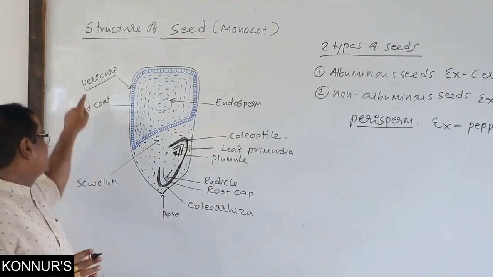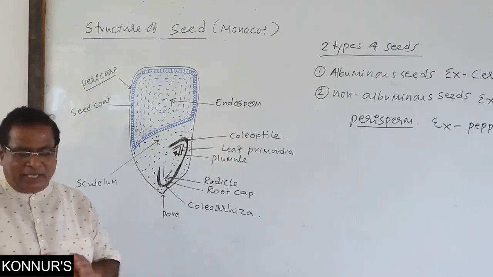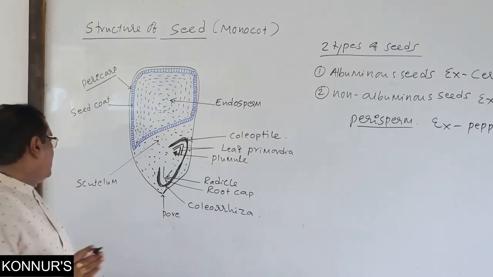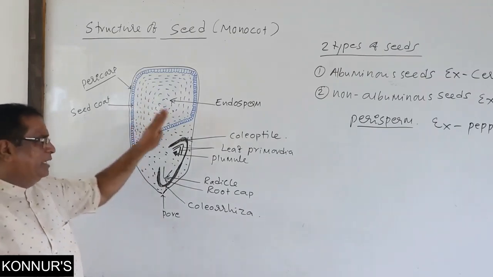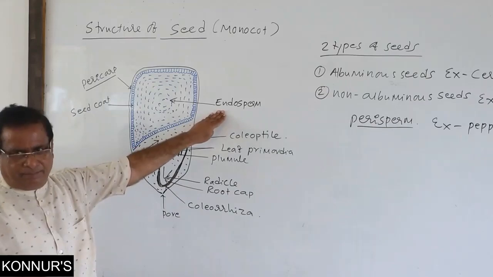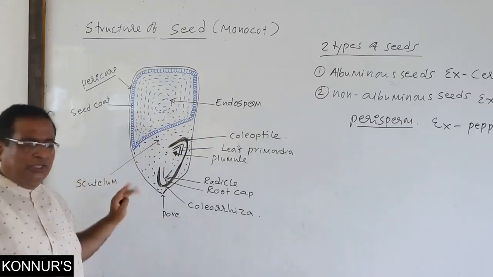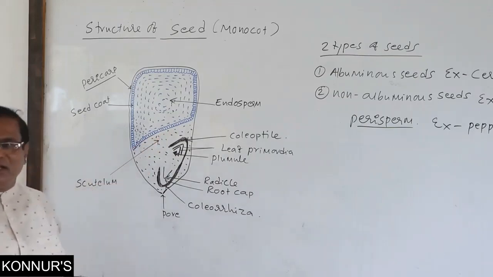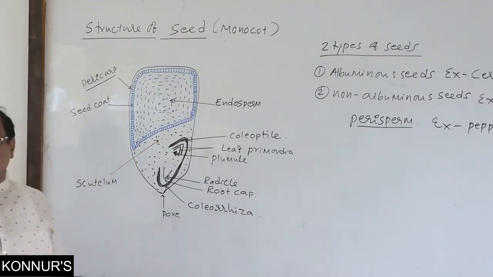But in cereals, the pericarp and seed coat are inseparable. They cannot be separated. And as it is an albuminous seed, we do see the endosperm. And as it is a monocot, we get a single cotyledon. That single cotyledon is said to be scutellum.